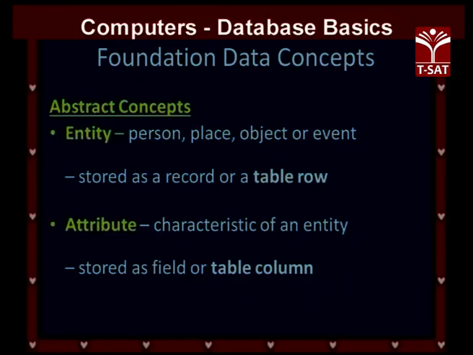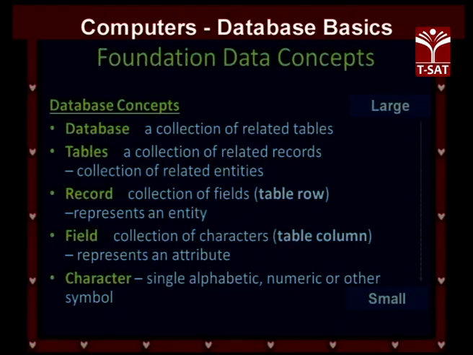Why? Because the definition of a table is a collection of rows and columns. Here, a row is an entity and a column is an attribute. So a collection of entity and attribute is nothing but a table in a database.